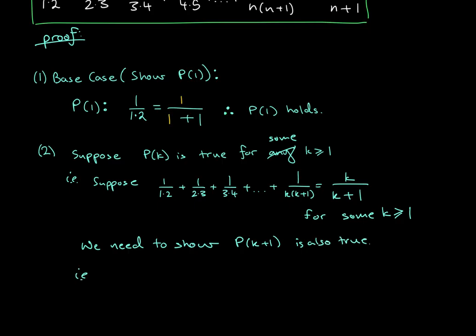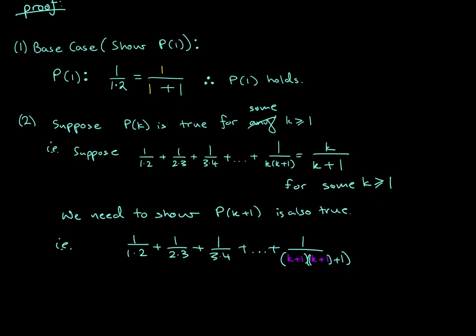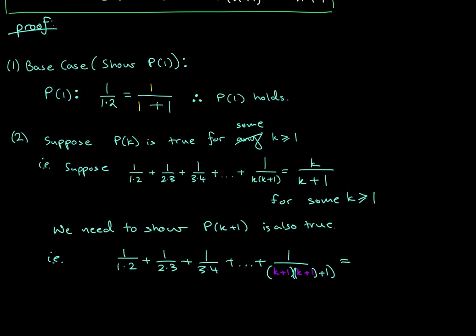In other words, 1 over 1 times 2 plus 1 over 2 times 3 plus 1 over 3 times 4 plus ... Again, all I'm doing is replacing all these k's with k plus 1. 1 over, and I'll make that super clear by doing this, k plus 1 times k plus 1 plus 1 is equal to, hopefully, k plus 1 divided by k plus 1 plus 1.